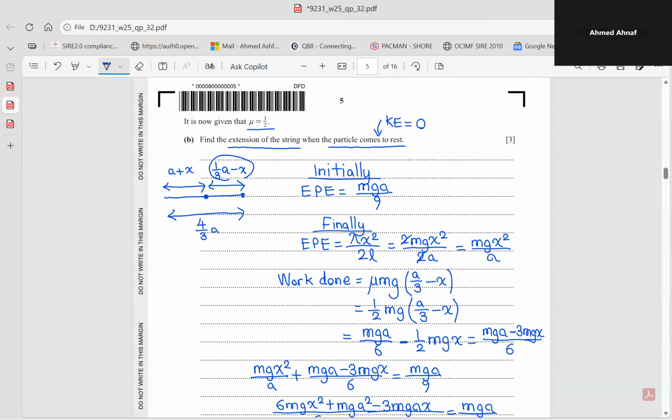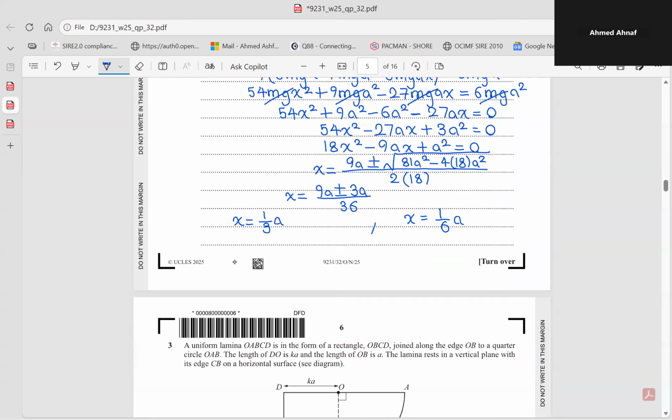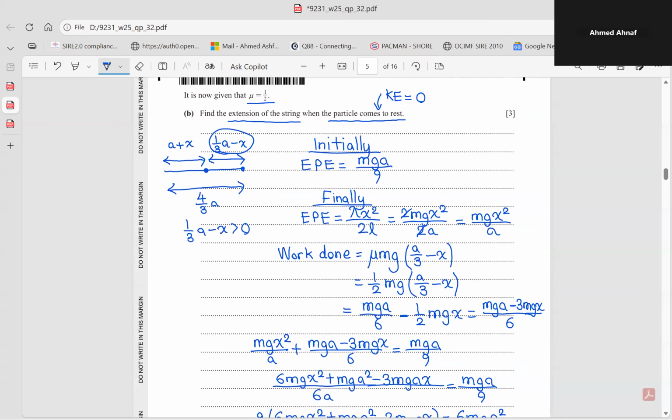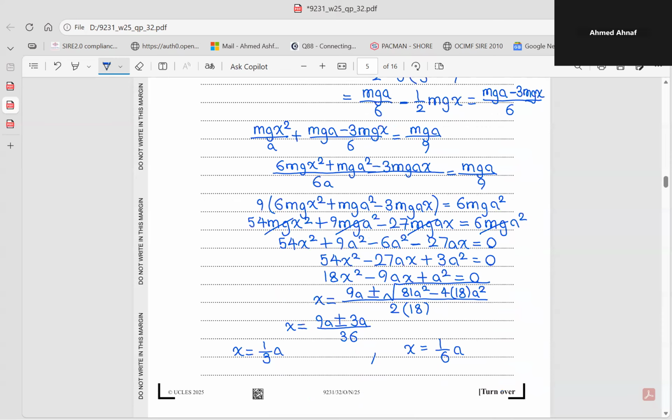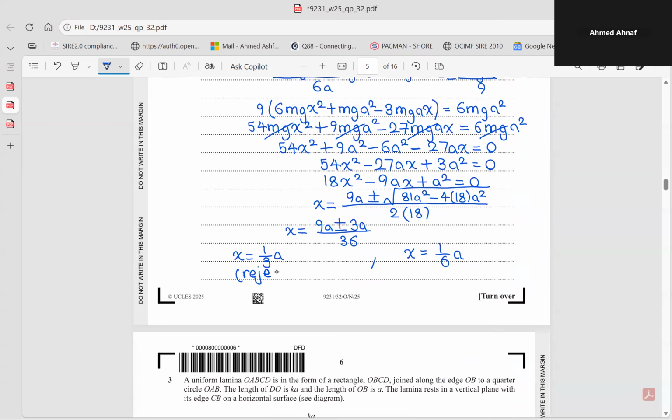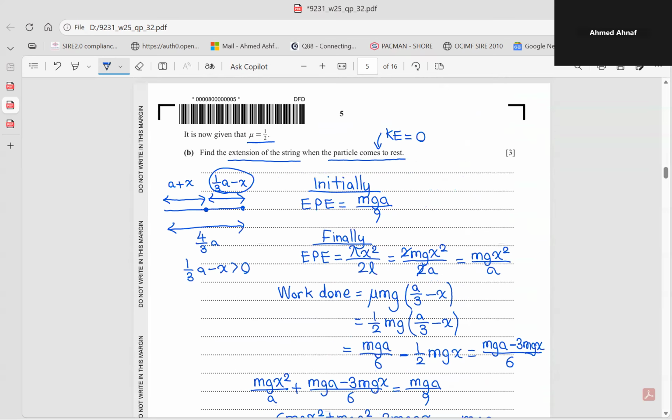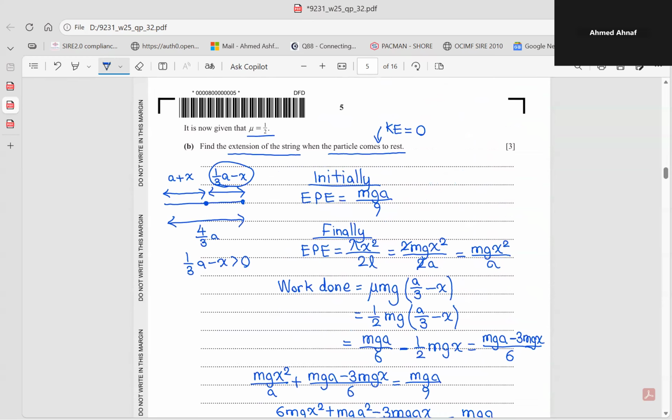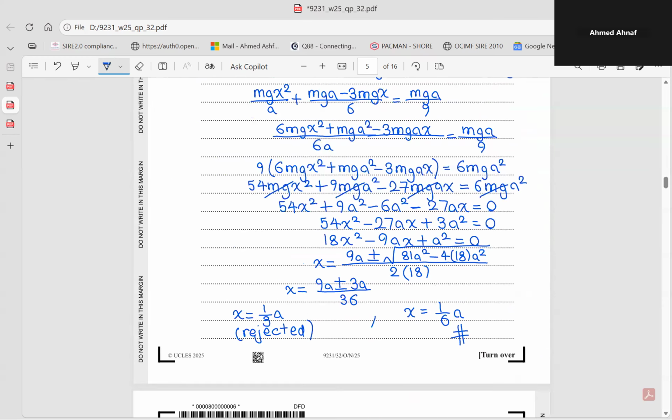Yeah, so this is how we determine which one to reject. Obviously the distance that we move, 1 over 3a minus x, has to be more than 0. And if you substitute x equals 1 over 3a, you will get 0. So that doesn't make sense, so we would have to reject that. Therefore our final answer is 1 over 6a. So this would be our final answer for this second part, as well as the entire question.